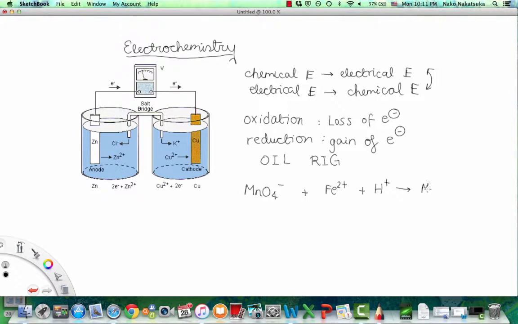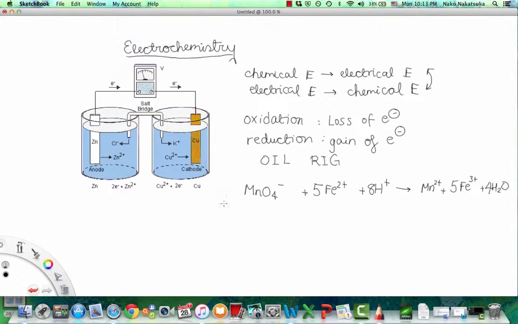And this goes to Mn2+ as the ion, Fe3+, and water. So as soon as you see this reaction, the first thing you want to do is balance it. So when you actually end up balancing the reaction, it ends up being 5 Fe2+, 8 H+, 5 Fe3+, and finally 4 H2O.